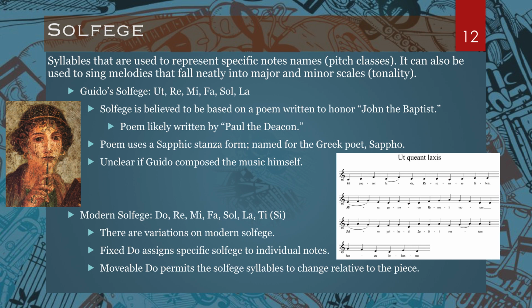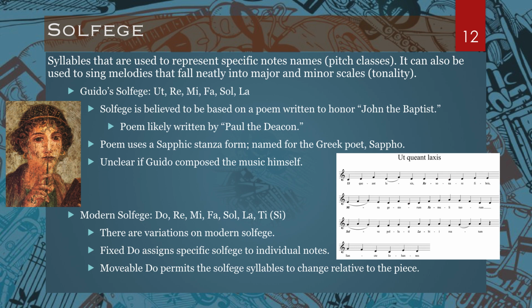Guido's solfege differs from our solfege, mainly by the first syllable and the last syllable. You'll see here that Guido's solfege uses the words Ut, Re, Mi, Fa, Sol, La. There's no Ti, and Ut is used instead of Do. In the modern system, on the first scale degree, the first solfege, we would call that Do.